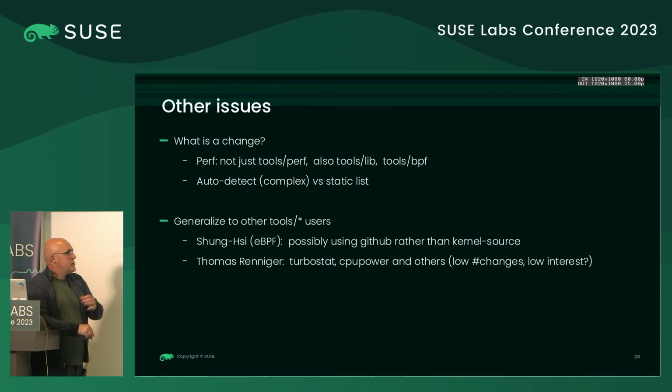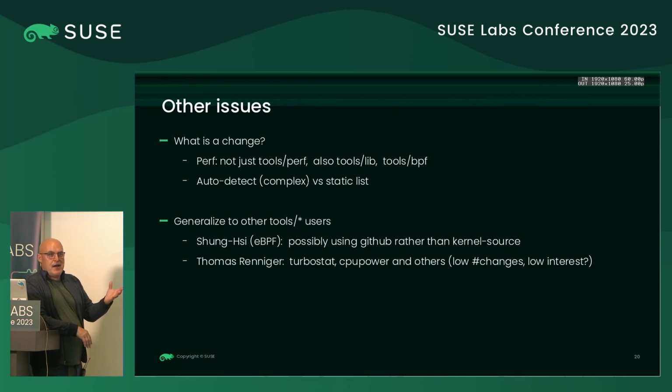The other question is, is this of interest to anybody other than me? I mentioned Sheng Si; he's not sure if he wants to use GitHub versus the kernel source. I talked briefly with Thomas Renninger, who maintains, as I said, it's hard to tell which packages BuildRequire kernel source.